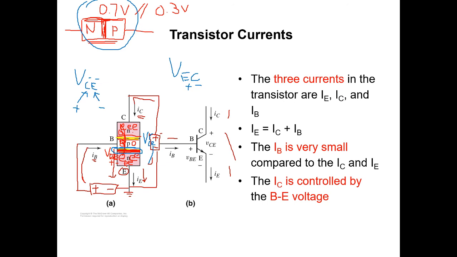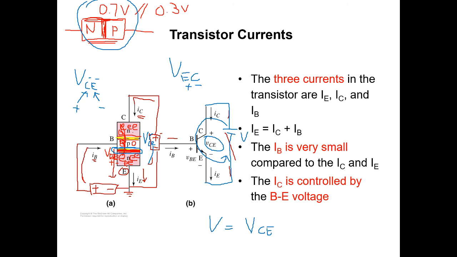Then how much is your VCE? If you want to know your VCE, you can do the KVL. Here you have positive and negative. So the KVL gives V equals VCE, because there is no resistor inside the circuit.